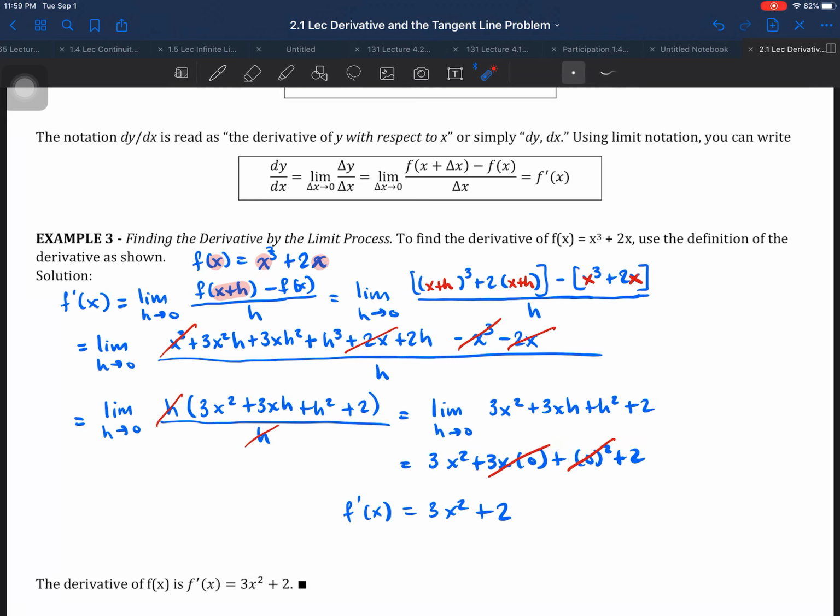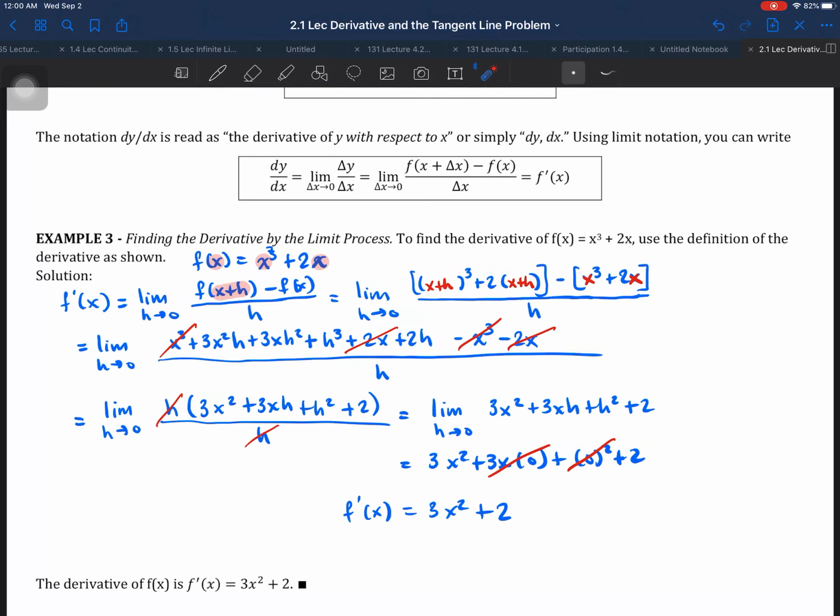All right, so let's find the derivative by using the limit process. Now let me say this will be required. I promise I will have a question like this in the exam.